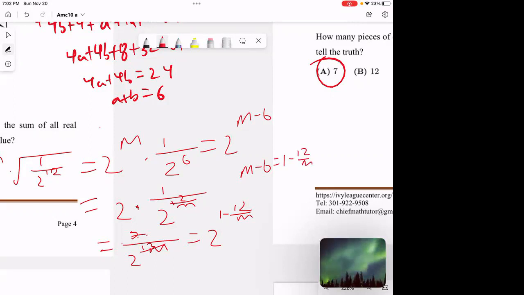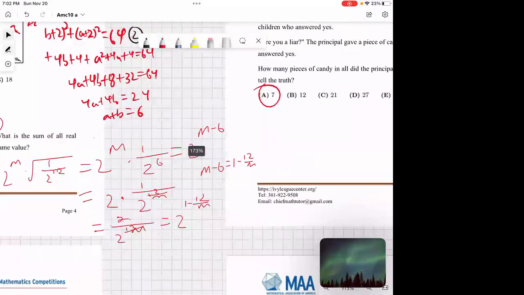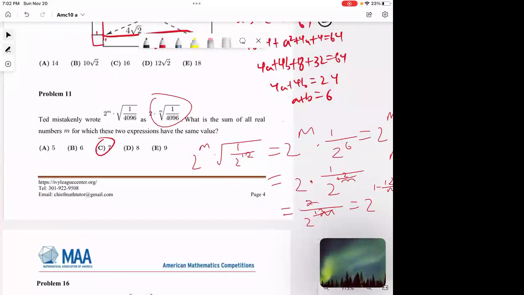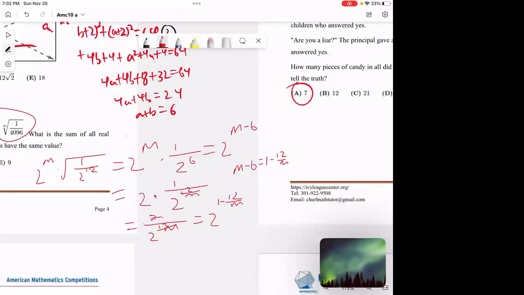So we multiply each side by, let's see, what's it? We want to find the sum of all real numbers m. Okay, so we multiply each side by m, giving us m squared minus 6m equals m minus 12.